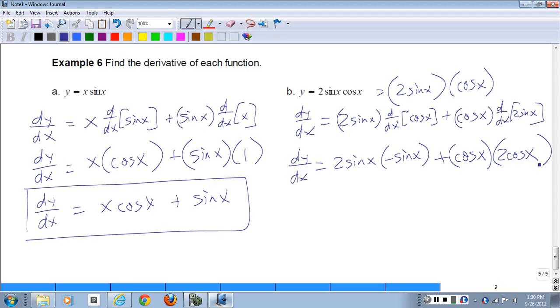Like that. dy dx equals negative 2 sine squared x plus 2 cosine squared x.